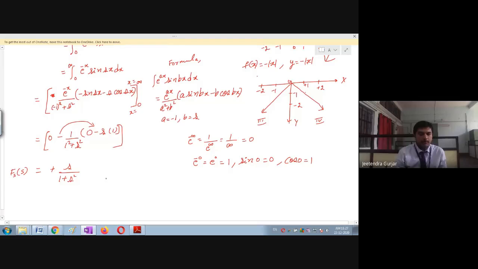Okay. Now this is our Fourier sine transform, FST. What is FST? Fourier sine transform. Is it clear, students? So this is our Fourier sine transform. Okay. Then what we have to find?